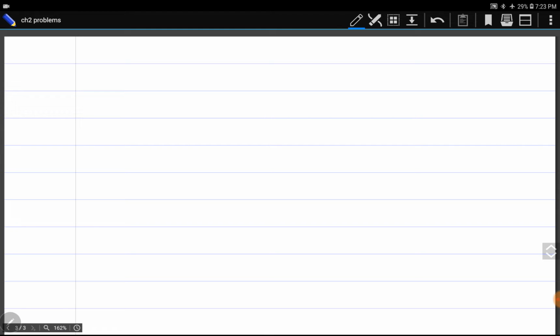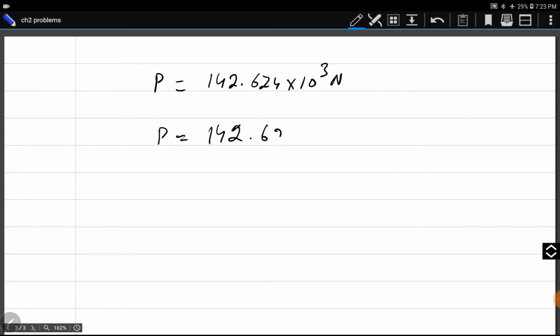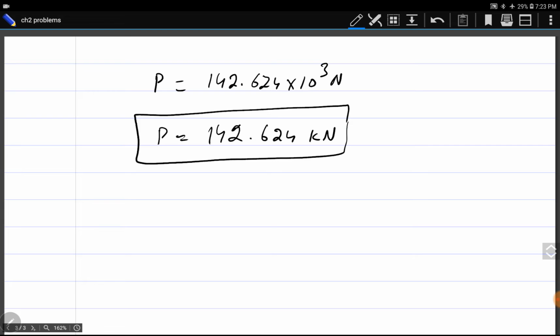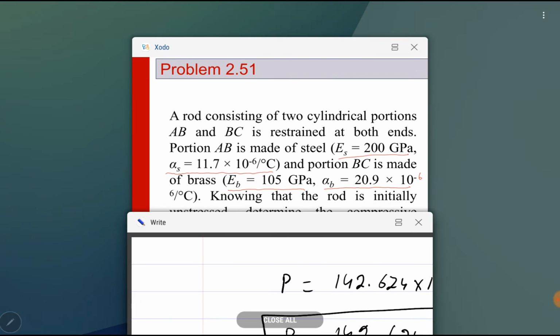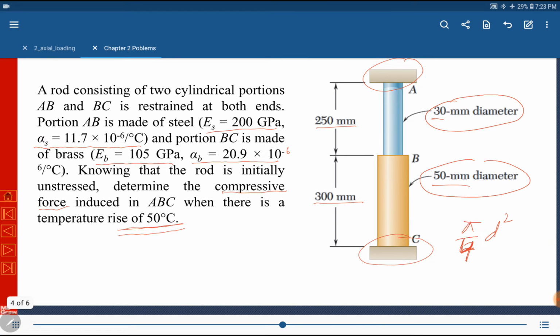After simplification, we can find P is equal to 142.624 into 10 power 3 newtons, or P is equal to 142.624 kilonewtons. This was required in the problem to find the load or the force, the compressive force.